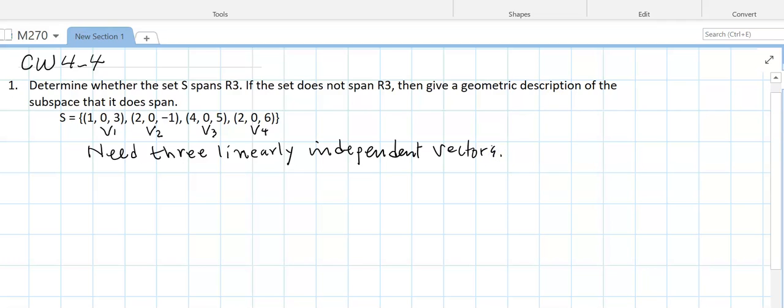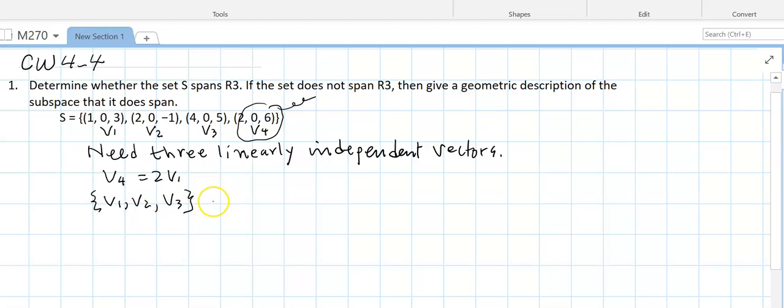But right away, I see that V4 is twice V1. So V4 doesn't really give us any new information. Okay, so we can ignore that vector because it is linearly dependent on V1. So we can think of just V1 and V2 and V3.